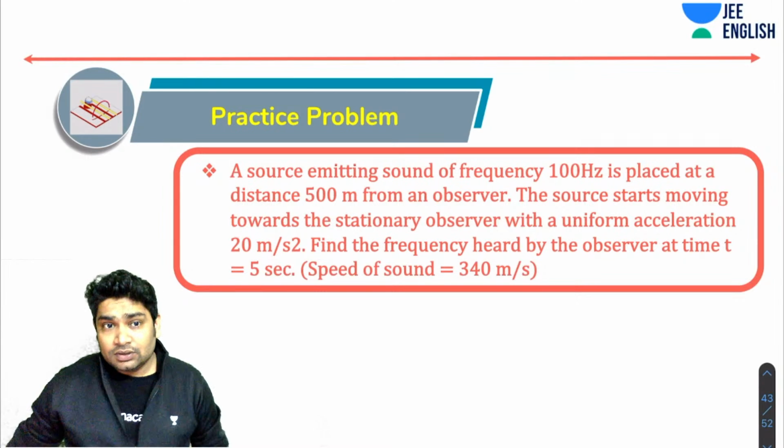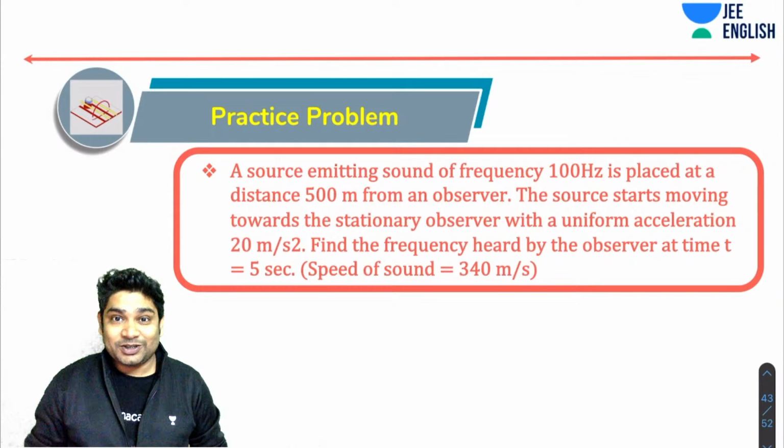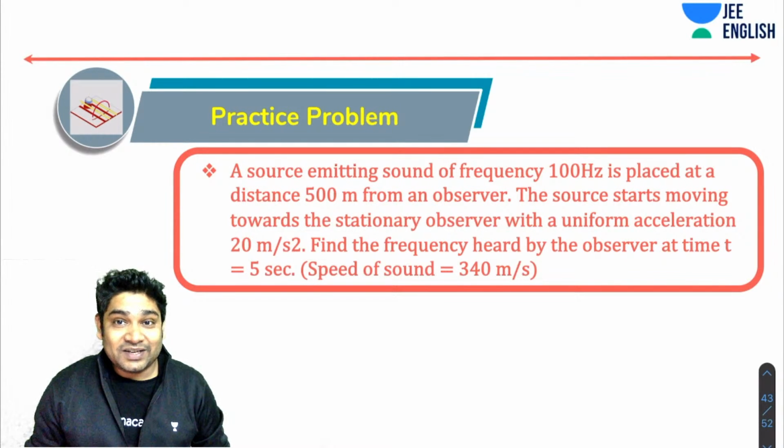This might be a little tough for you guys, so I'll go ahead and solve this. A source emitting a frequency of 100 hertz is placed at a distance of 500 meter from the observer. It starts moving towards the stationary observer with a uniform acceleration of 20. We need the frequency heard at t equals 5 seconds.